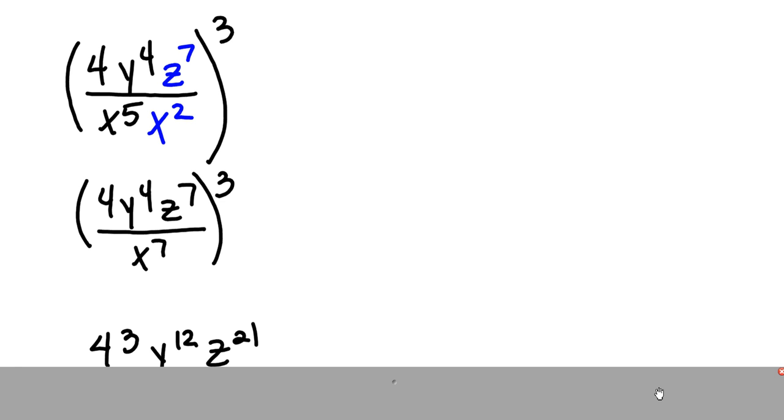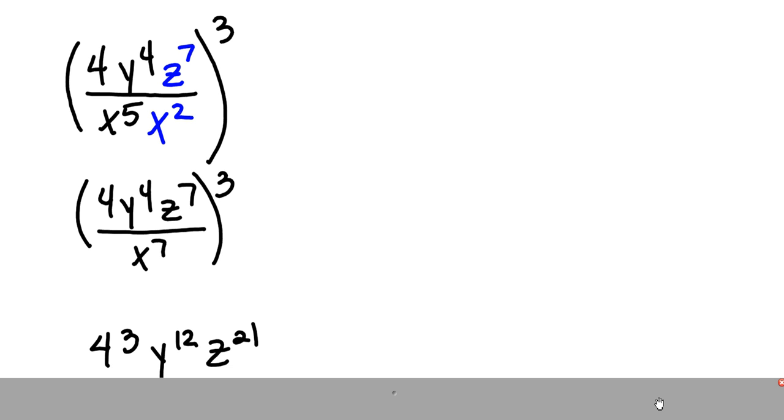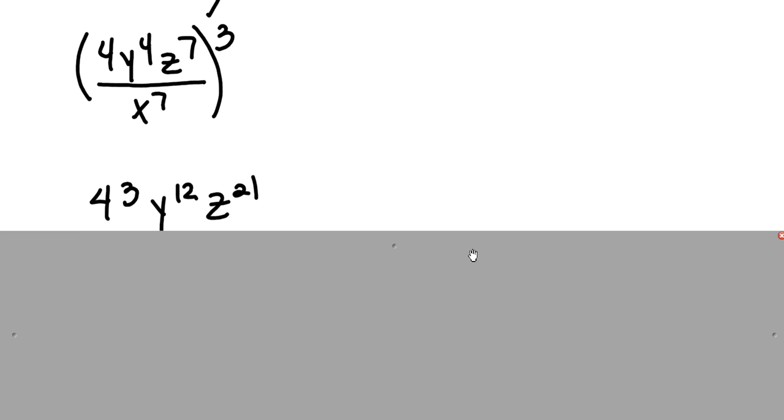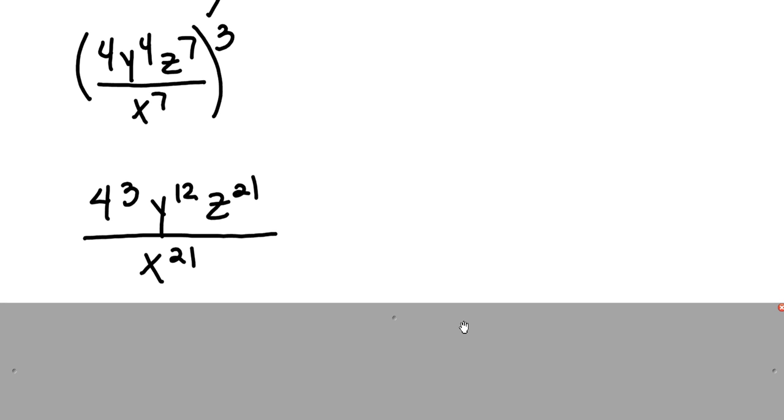So remember, 3 sets of 4 would be 12, and 3 sets of 7 would be 21, and 3 sets of 7 again is 21 in the denominator. So again, as we're looking, everything is simplified in terms of y, z, and x, but we know 4 to the 3rd is a value. This is saying we have 3 4's being multiplied together. 4 times 4 is 16, and 16 times 4 is 48.